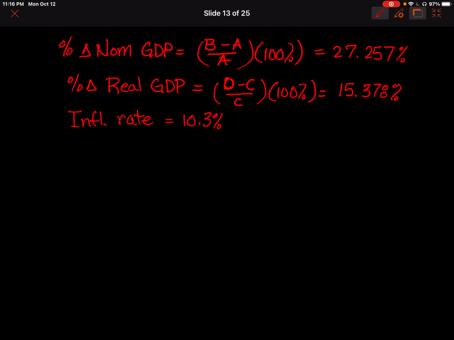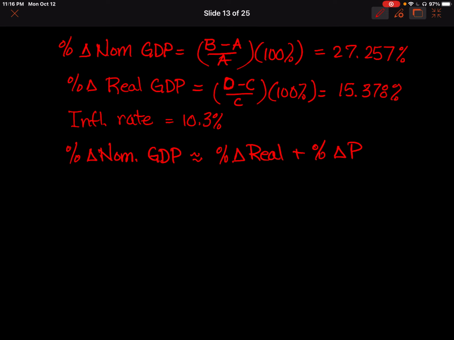So how well does that approximation work? Our approximation is telling us that the percent change in nominal GDP should be approximately the percent change in real GDP plus the percent change in P, the average price level.